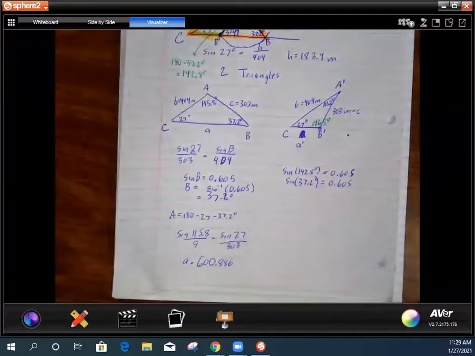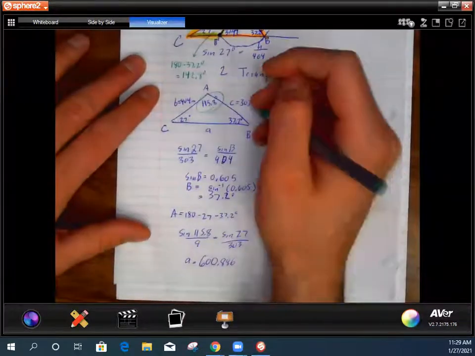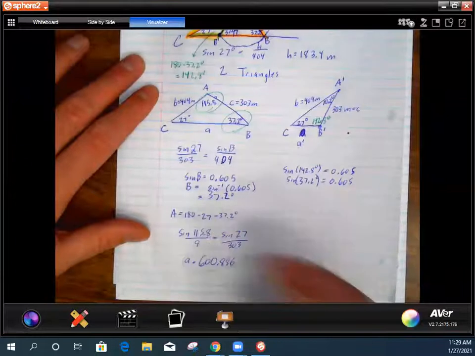So now in this triangle, we found this angle and this angle and this side.